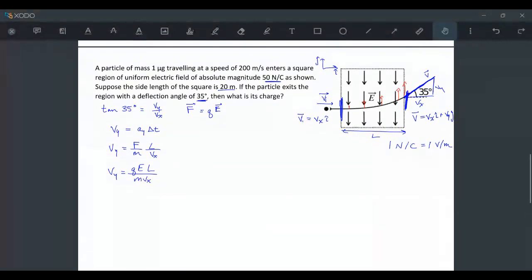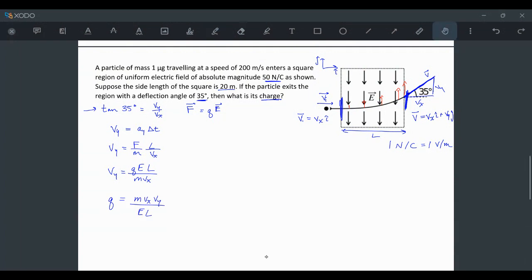And what is it exactly we want to solve for? We want to solve for Q, I believe. Yeah, what is the charge of the particle? So let's solve for Q. Q is equal to mVxVy divided by EL. We don't know what Vy is, but we have this handy relationship up here with the angle that is going to help us with that.